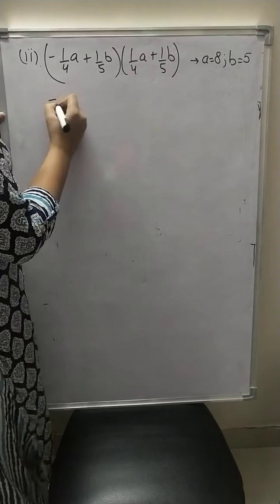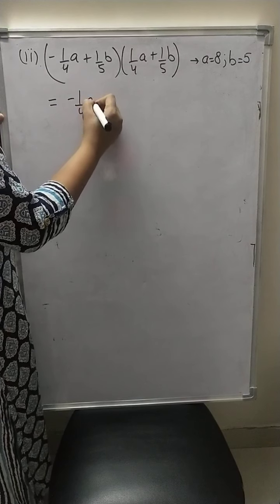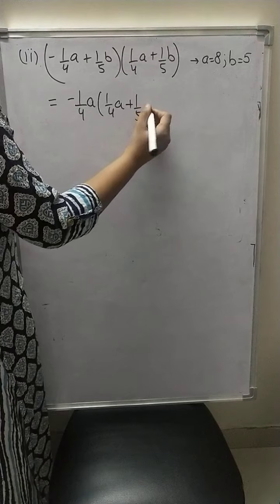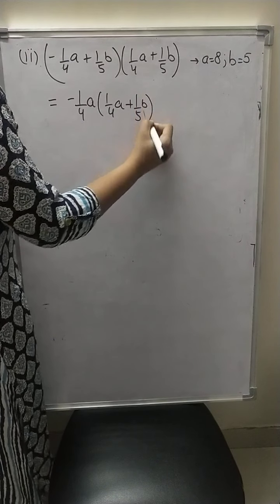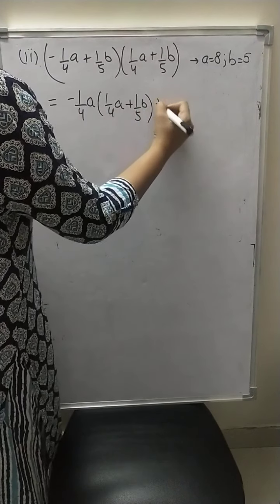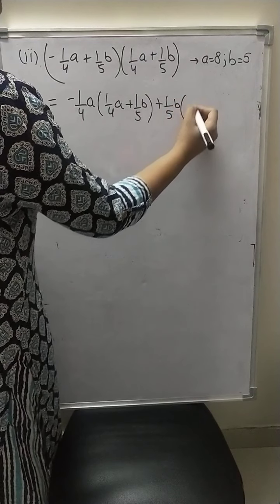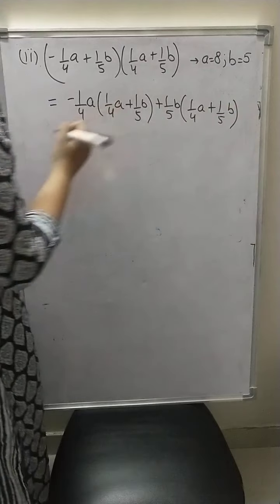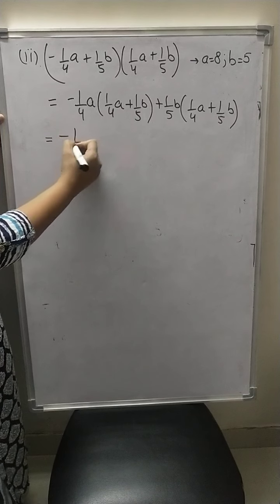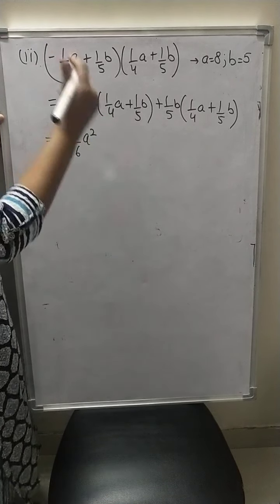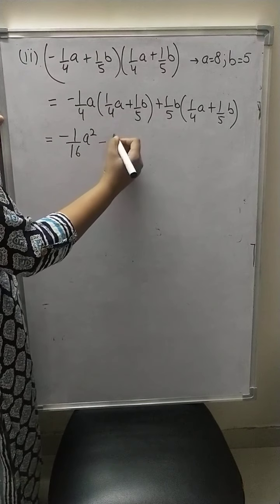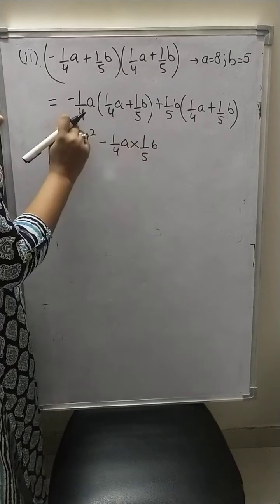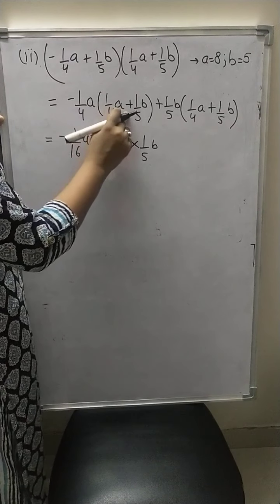So that is equal to minus 1 upon 4a into 1 upon 4a plus 1 upon 5b. Quickly I am doing, because this step you all know, plus 1 upon 5b into 1 upon 4a plus 1 upon 5b. So that is equal to minus 1 upon 16a square, then minus 1 upon 4a into 1 upon 5b, because 4 4s are 16 and a into a is a square.